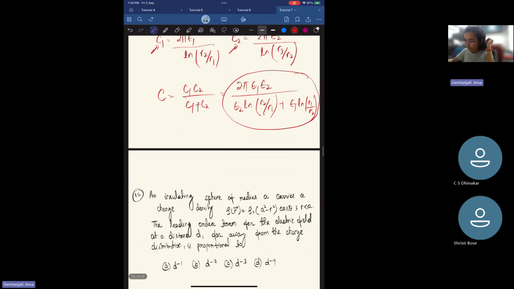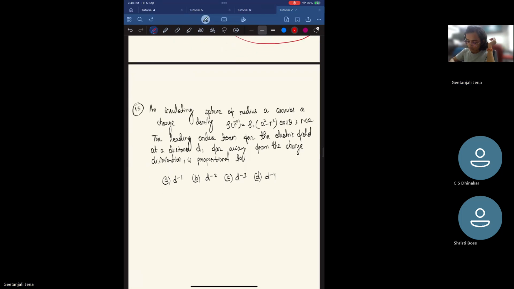Okay, so let us move to our next problem. So there is an insulating sphere of radius A. It carries a charge density rho r, which is rho 0 a square minus r square cos theta for r less than a. The leading order term for the electric field at a distance d far away from the charge distribution is proportional to what?